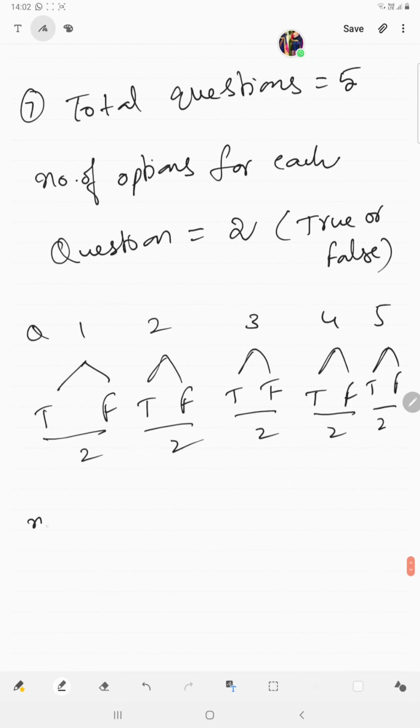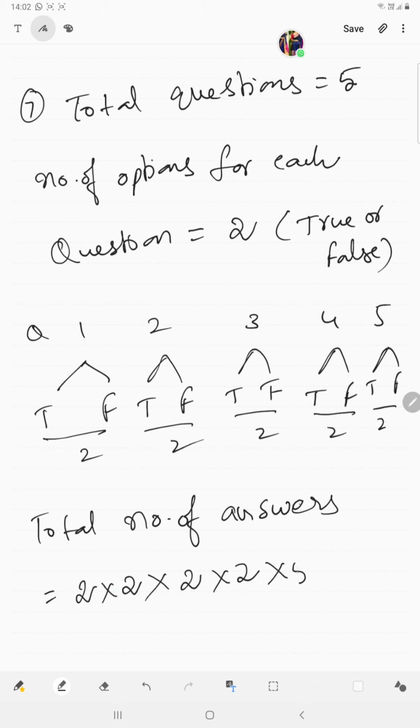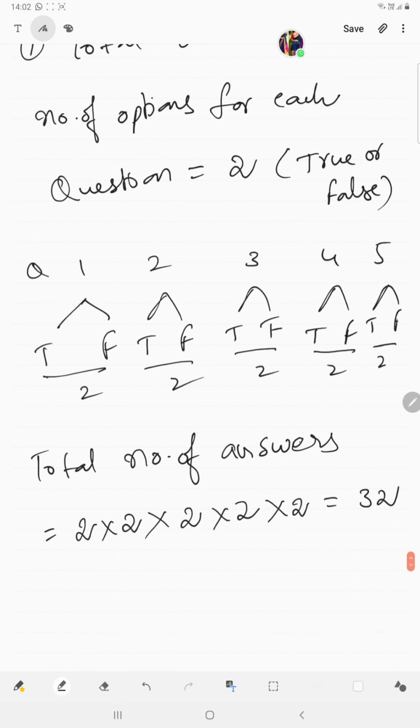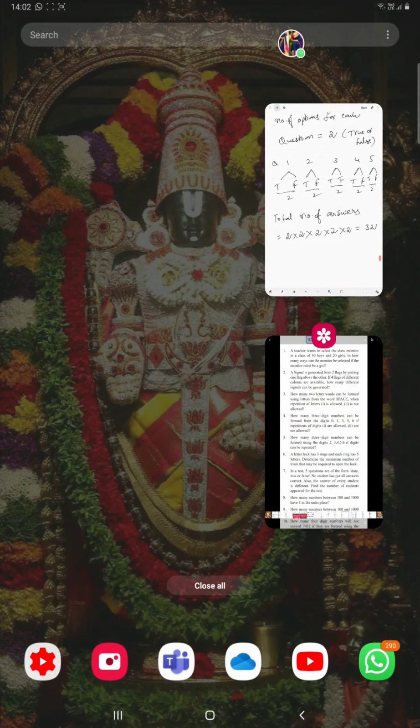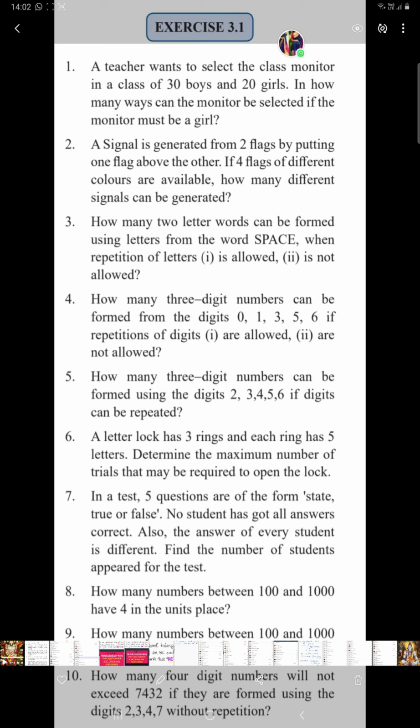Therefore, the total number of answers, how many can there be? For the first question 2, for the second also 2 options: 2 into 2 into 2 into 2 into 2, which is equal to 32 different answers we can generate. And here it is particularly given that no student got all answers correct. Not even a single student got all answers correct.